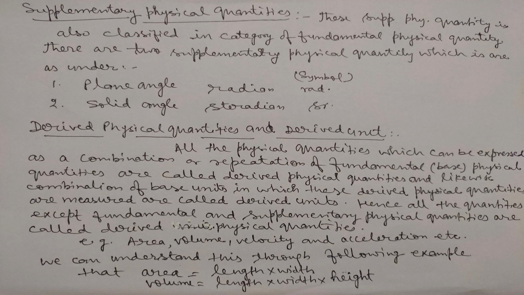So we can say these derived physical quantities depend on the fundamental physical quantities. It means these derived physical quantities can be derived from the fundamental physical quantities. For example, area, volume, velocity, and acceleration, and many more.